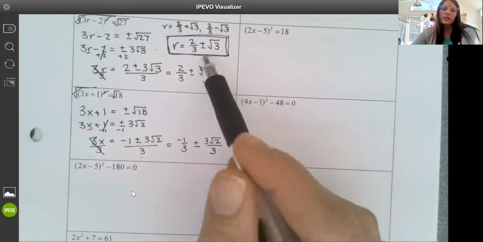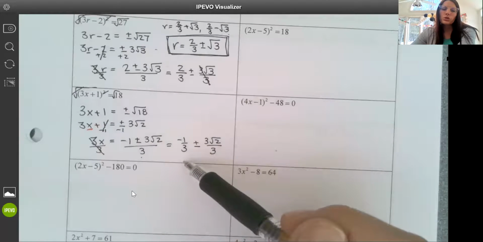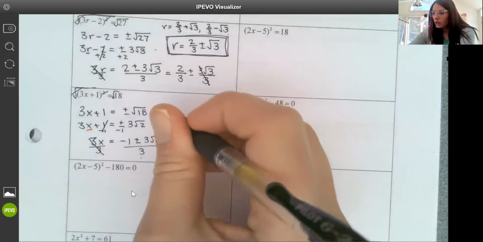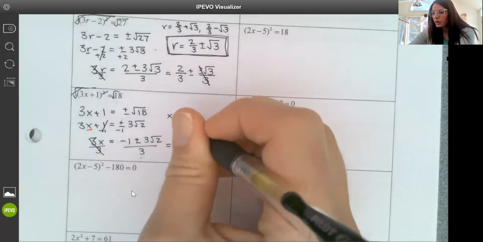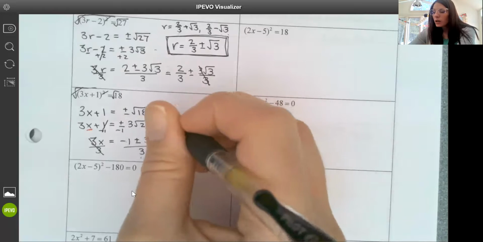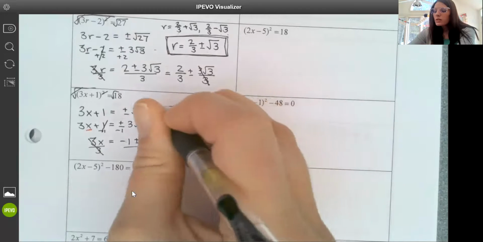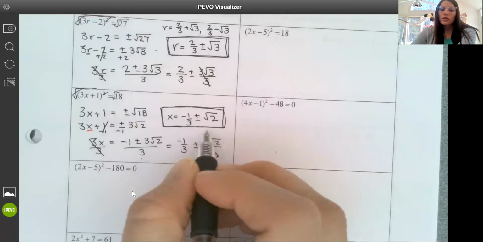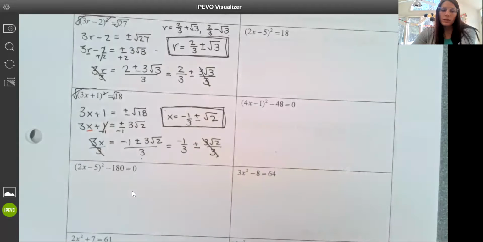Just like my last example, I can't reduce here, but I can reduce 3 over 3, giving me x equals -1/3 plus or minus the square root of 2. Again, I can tell by this answer that this isn't a factorable quadratic, but we can still get our answer by using this other method.